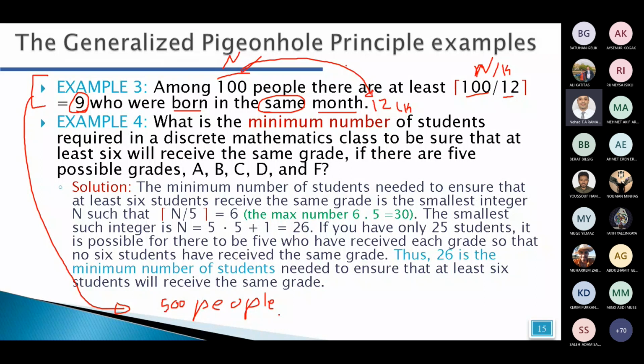If we have 500 people, how many at least were born on the same day?